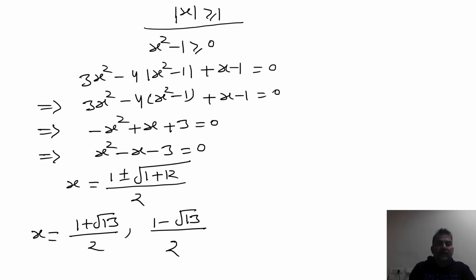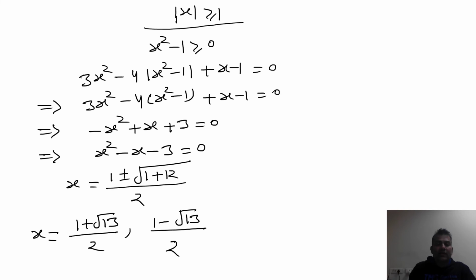So now we will check these roots under this condition, because this is the main condition. Under x greater than or equal to 1 we are solving this quadratic equation. Square root 13 is less than 4 and greater than 3. If you take 3, then 3 plus 1 over 2 is 2, that means it is greater than 1. So okay, fine.